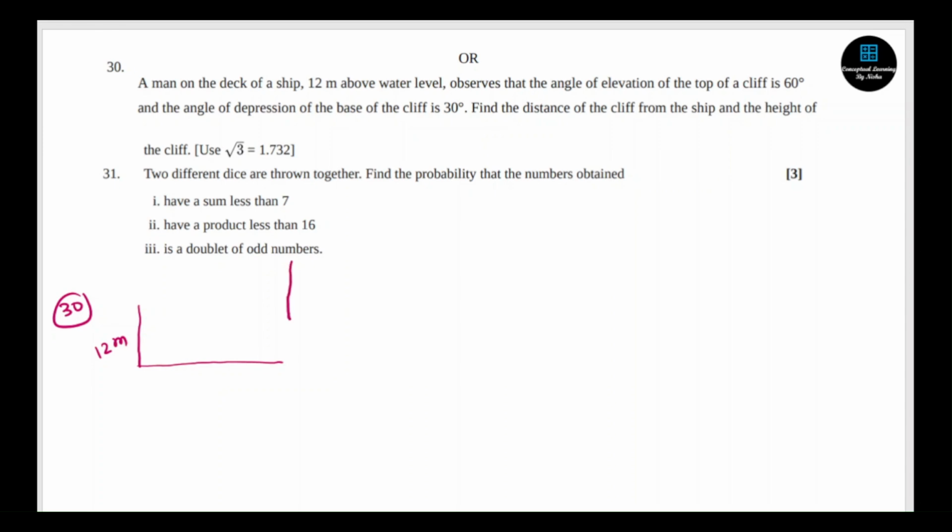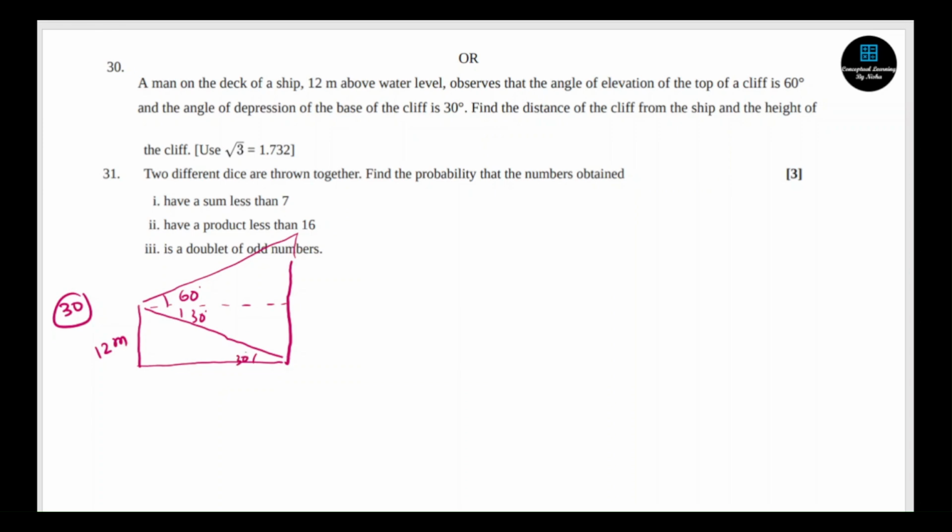All right, so let's make this cliff. And now if I make the angle of elevation, this is 60 degree. And the angle of depression of the base of the cliff is 30 degree. So this is going to be 30 degree, so this is also 30 degree.